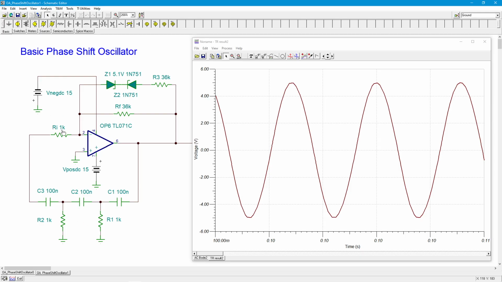But you also have to adjust the value of RF because this and this are tied together for the gain part, but this is also being used here. And you're going to be hard pressed to find any kind of adjustable capacitor. You can find continuously adjustable caps, but they're small values. They're picofarads typically. You're not going to see stuff up here in the hundreds of nanofarads. All right. So that is a limitation of this circuit.